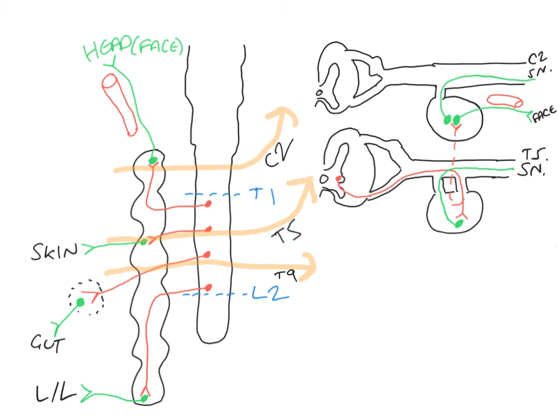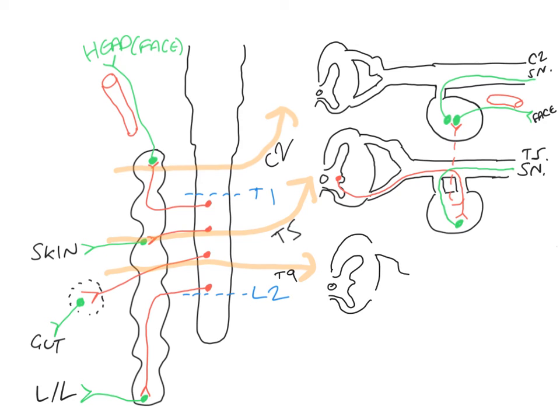So let's consider how the gut is supplied. And once again we're going to draw on a half section of the spinal cord. And this being at T9, we do have a lateral horn, thoracic cord, remember.